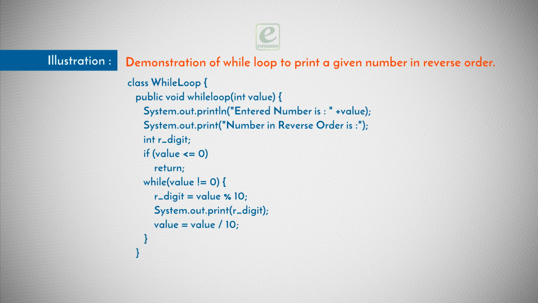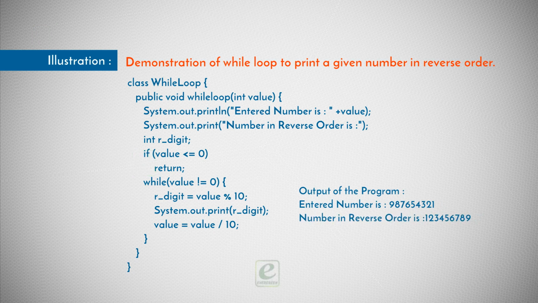Curly brace closed, curly brace closed, curly brace closed. Output of the program. Entered number is 987654321. Number in reverse order is 1, 2, 3, 4, 5, 6, 7, 8, 9.